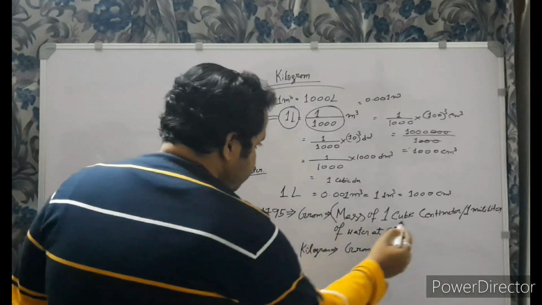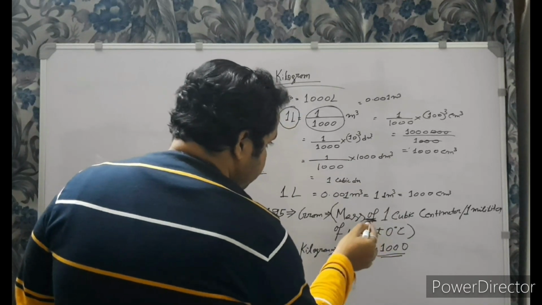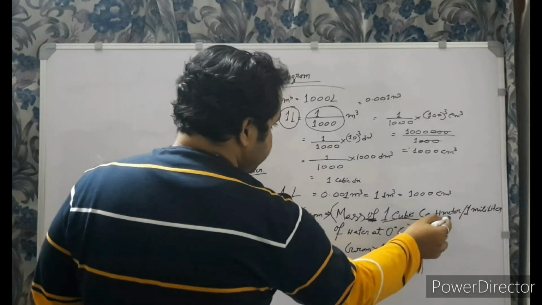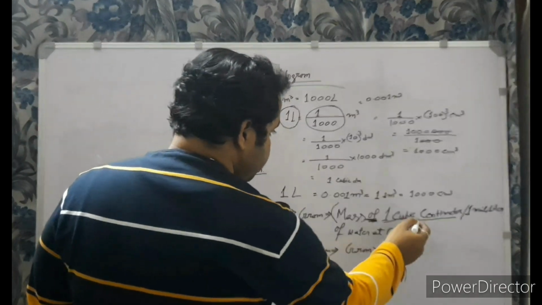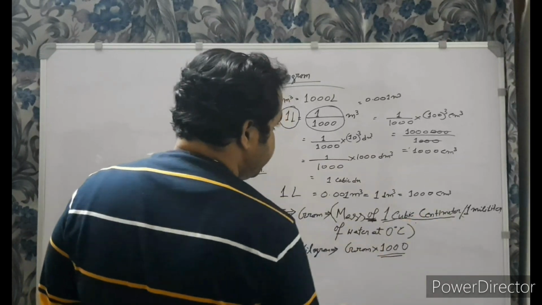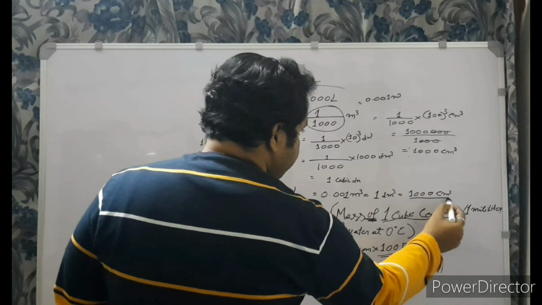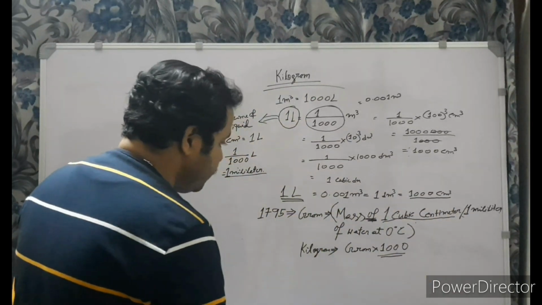So if 1000 is multiplied with cubic centimeter, it would be 1000 cubic centimeter, which is equal to 1 liter.